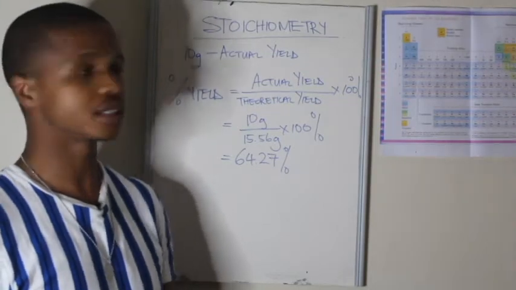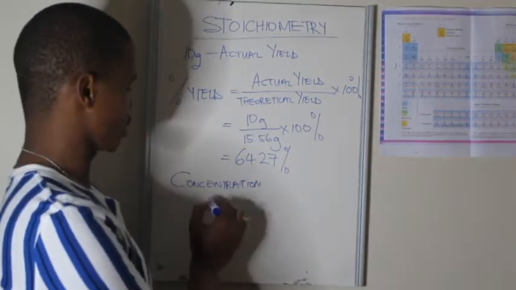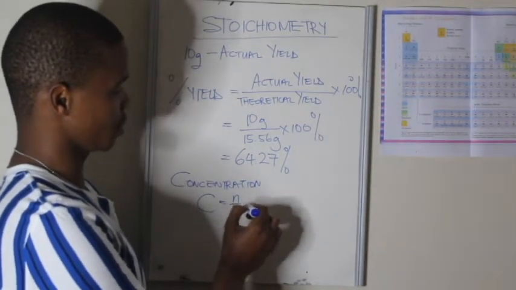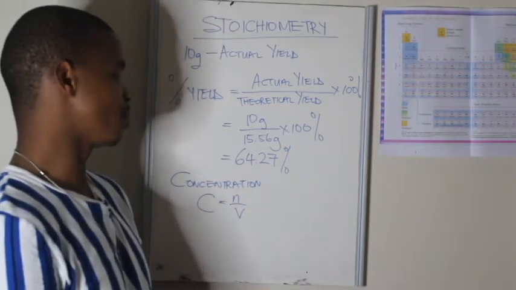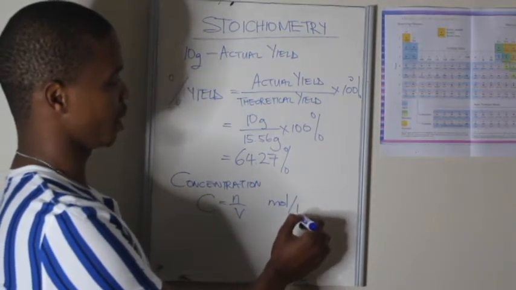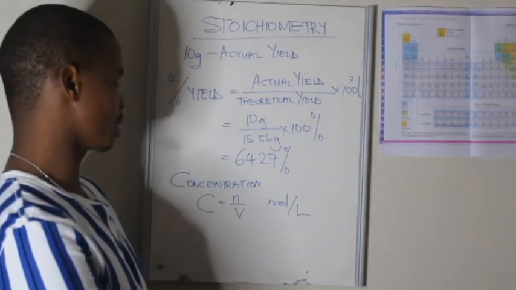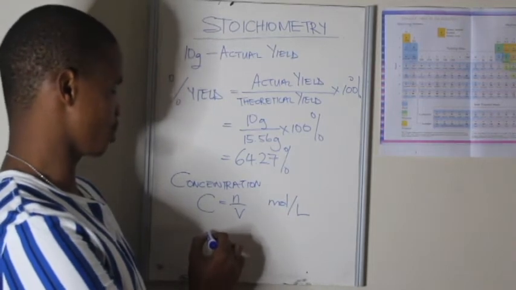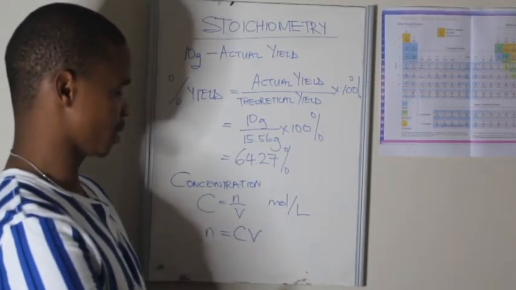the amount in terms of molarity or concentration, which is C equals n over V, number of moles divided by volume. This would be in mole per liter. So from here, you can convert your molarity first to the number of moles, which would be CV.